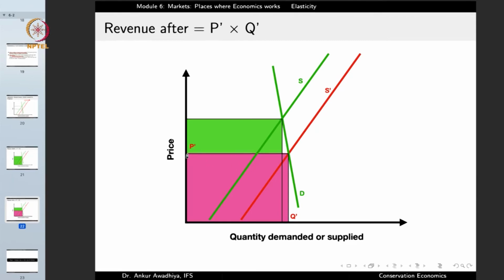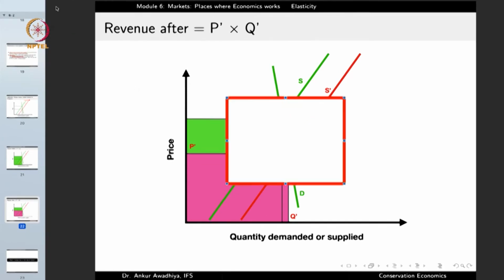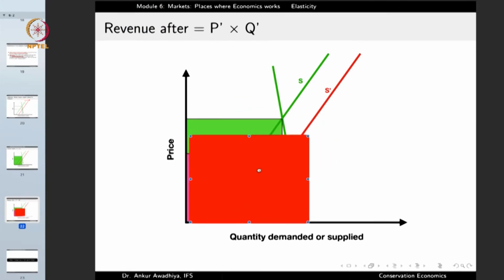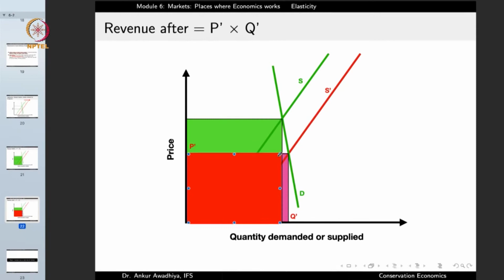Now, as you can observe in both of these rectangles, this area is the same. That is, this area is one and the same.